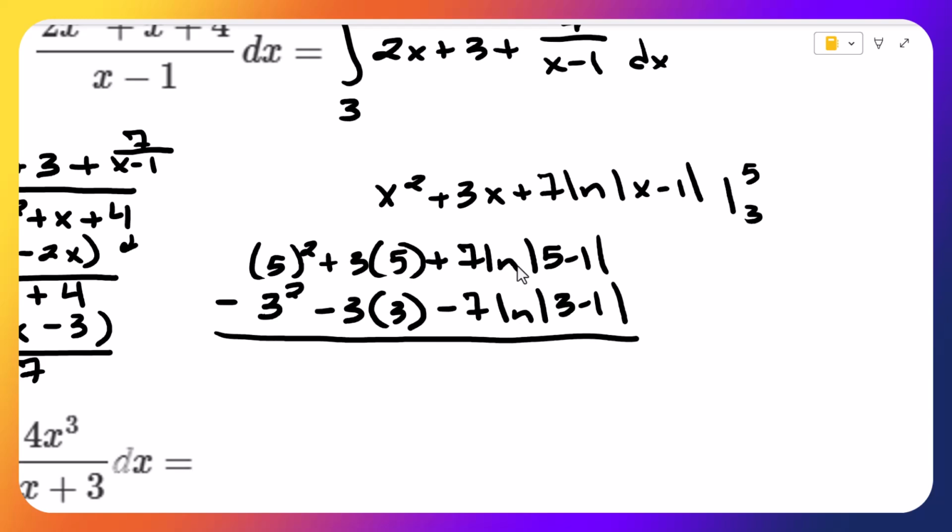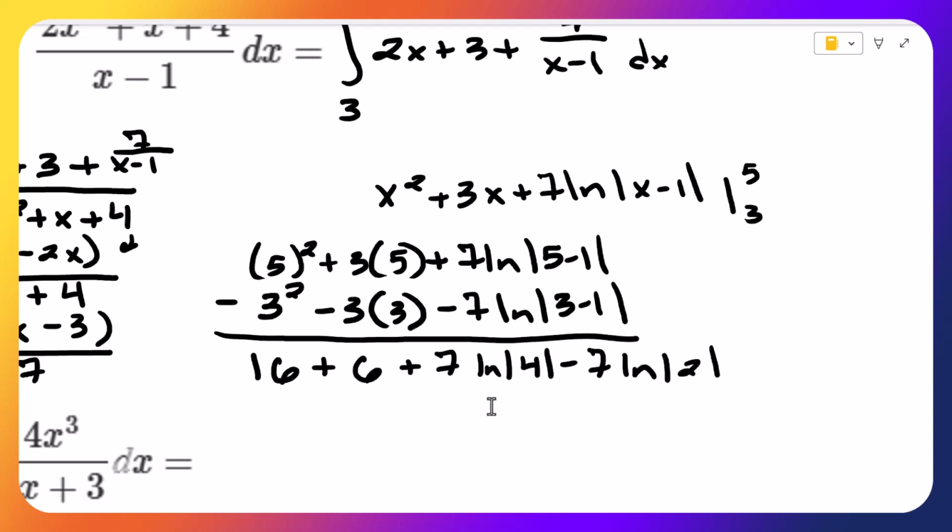And then, we can't simplify that, so plus 7 ln of 4 minus 7 ln of 2. And that gives us this.